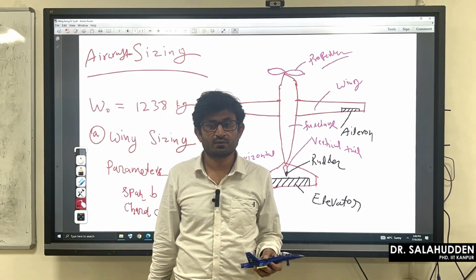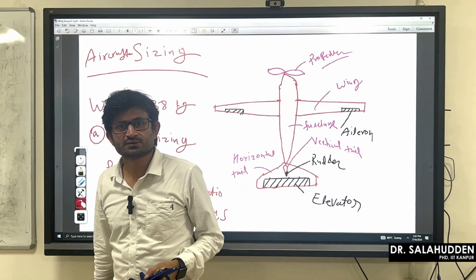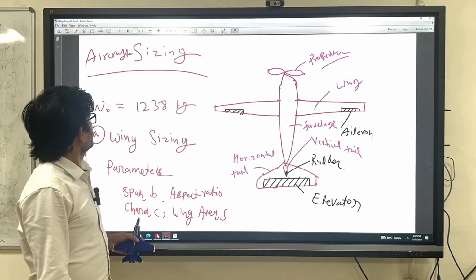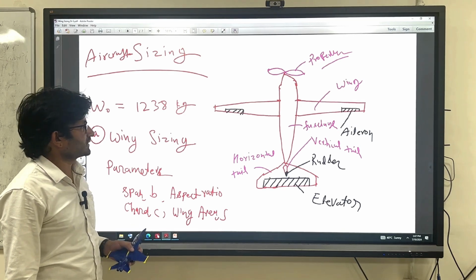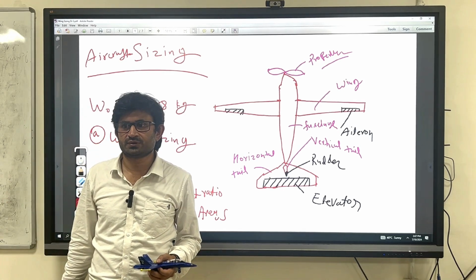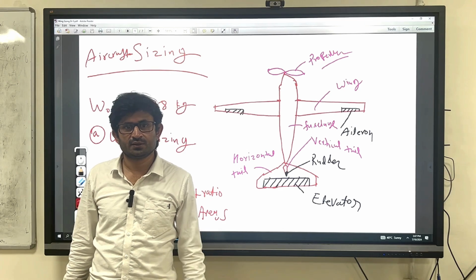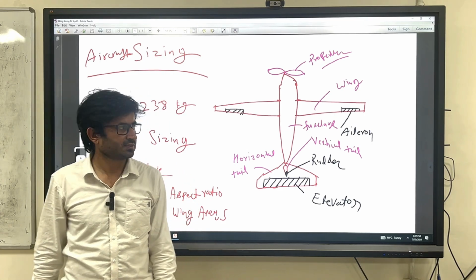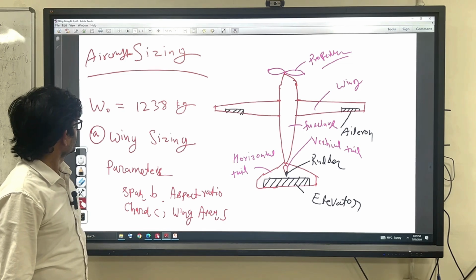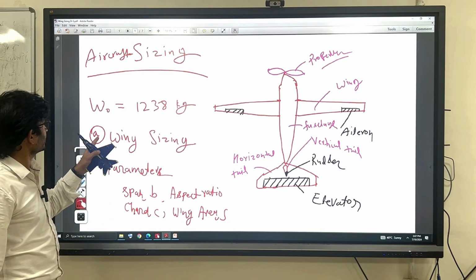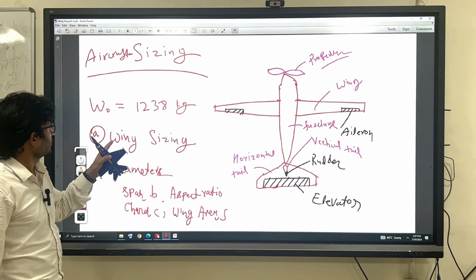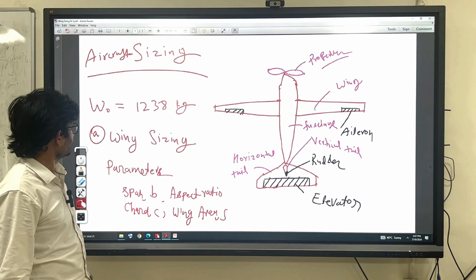As far as today's class is concerned, we will size our wing to lift the weight which we have estimated in the last class. Okay. So what was the total weight of the aircraft? 1238 kg. Okay.